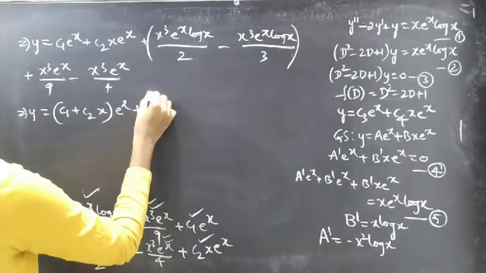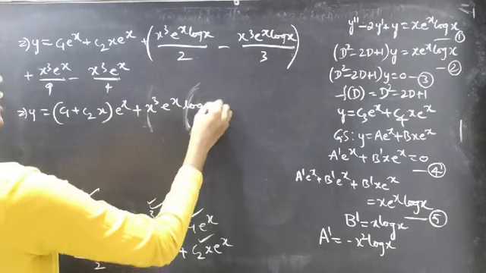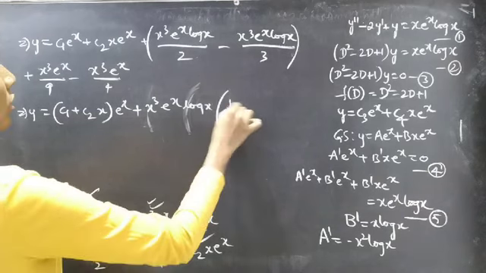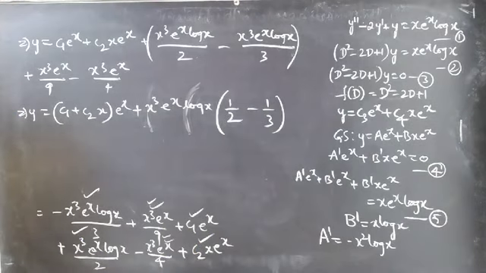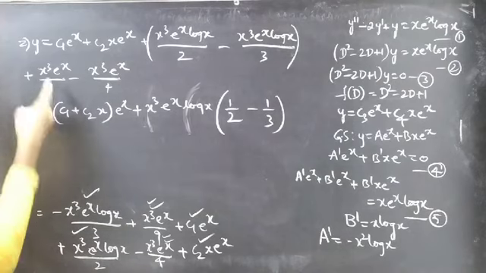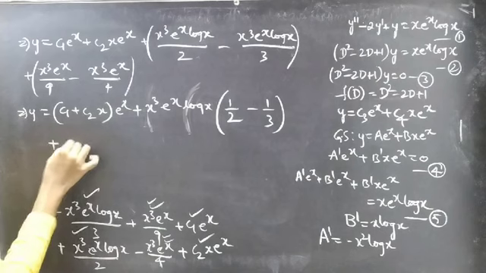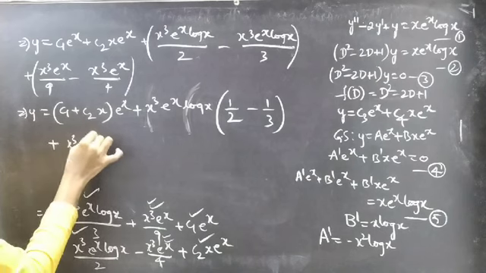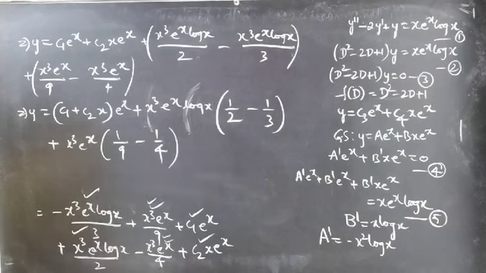We'll get x cube e power x log x of 1 by 2 minus 1 by 3. Now take x cube e power x common from the last two terms. We'll get x cube e power x times 1 by 9 minus 1 by 4.